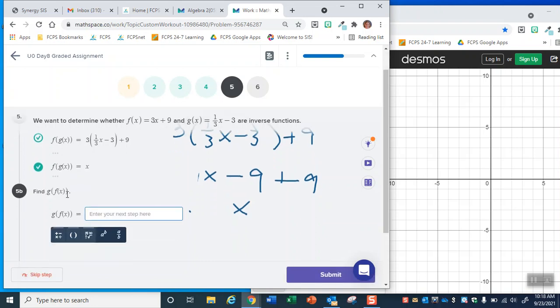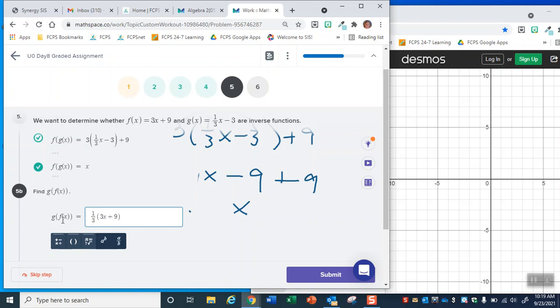Now I'm going to put f of x into g. So I'm going to start typing out g. So g is 1/3, and when I get to the x, I'm going to put f of x. Because I'm putting f of x into g, I'm going to type 3x plus 9.